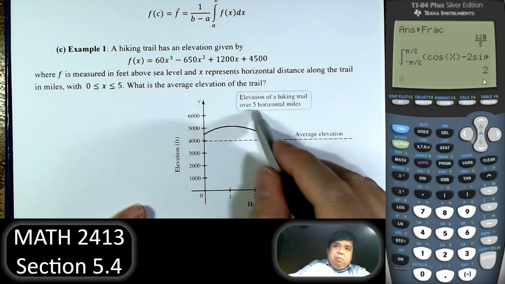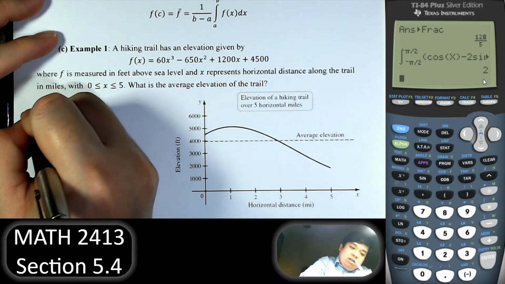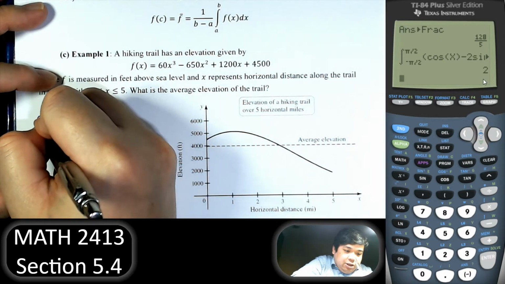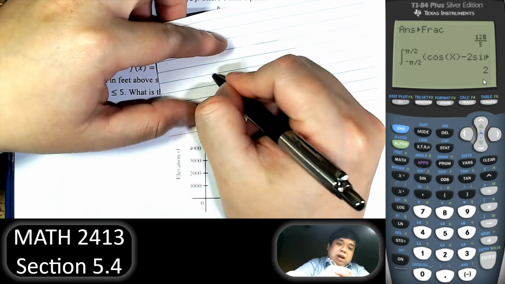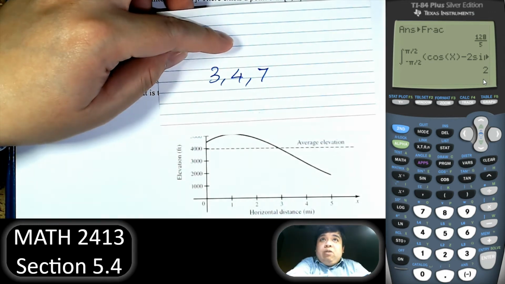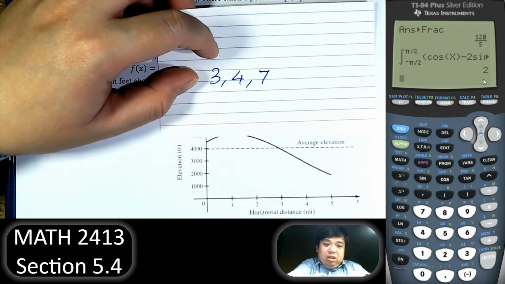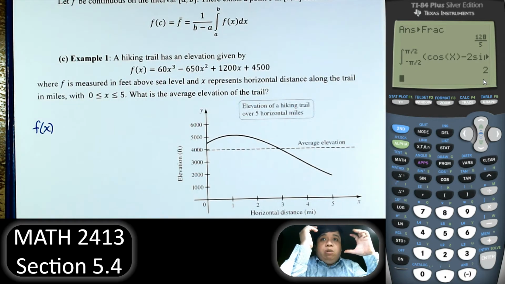Of course, if we go up and down, it's difficult to find the average. The way to find the average is that we're just going to use the average value of the function. In a sense, if we have three numbers and we find the average of them, we add all of them up and divide by how many numbers we have. So in this case, 3 plus 4 plus 7 divided by 3. The problem here is the average value of the function.